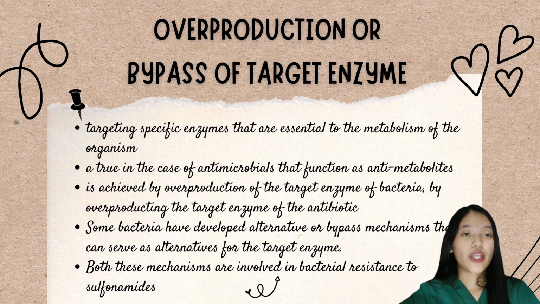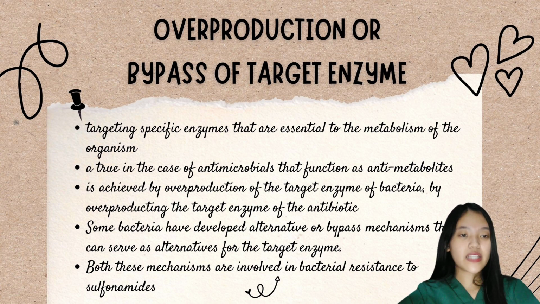Overproduction or bypass of target enzyme. One of the mechanisms developed by bacteria is targeting specific enzymes that are essential to the metabolism of the organism. This is true in the case of antimicrobials that function as antimetabolites. One way this is achieved is by overproduction of the target enzyme of bacteria.